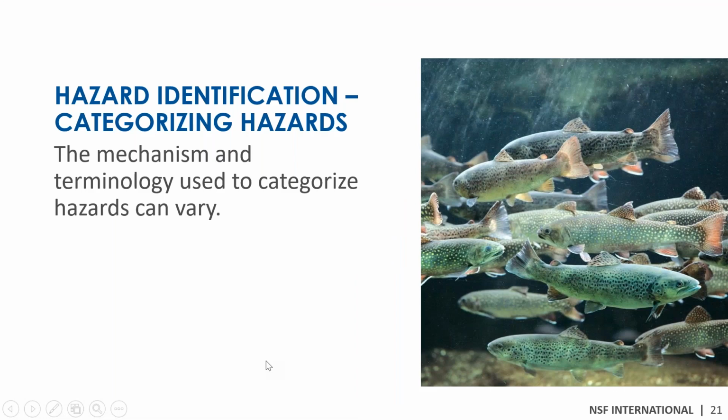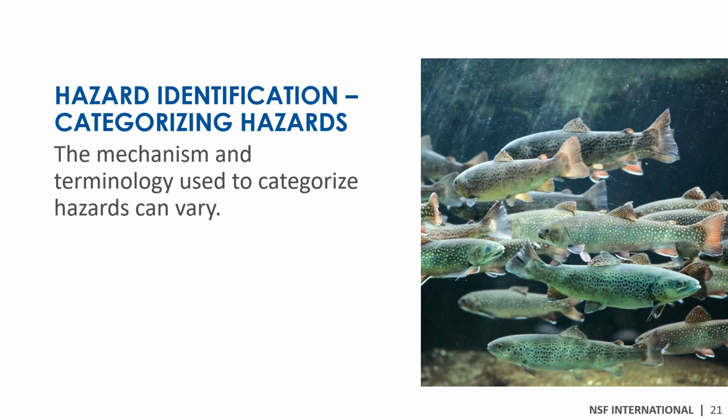Okay. So the hazard identification is the starting point. The challenge here is how to list those hazards. And so I talk about how we have taken an approach for categorizing the hazards. And this is really just reflecting the mechanism and terminology that you use to identify the hazards.